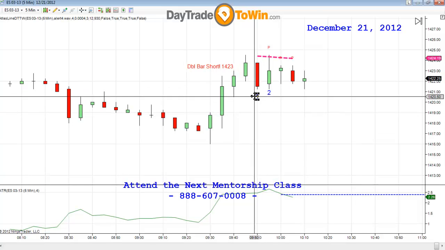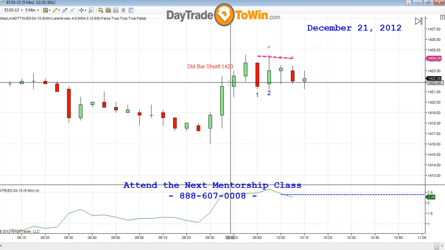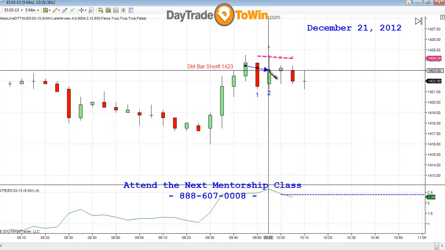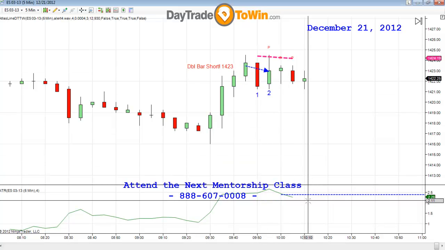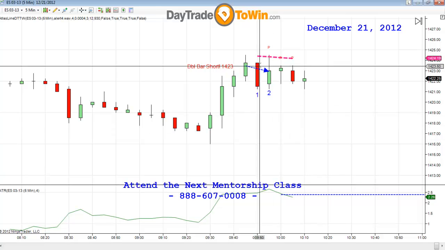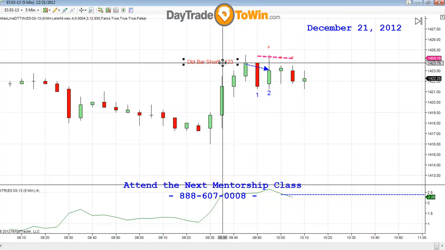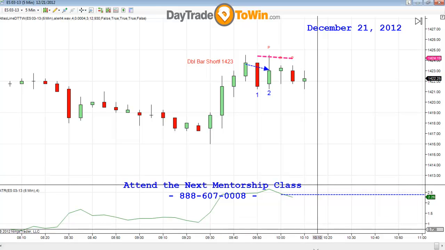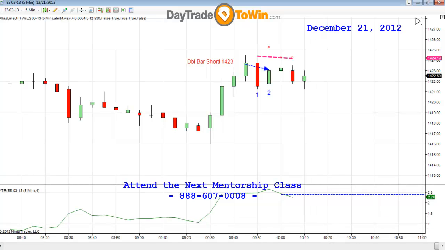So I have 2 consecutive closes, and this closing price tells me that there have been 2 consecutive closes below the Atlas line. I should now think about going short at this closing price, and it corresponds to this entry, 1423.